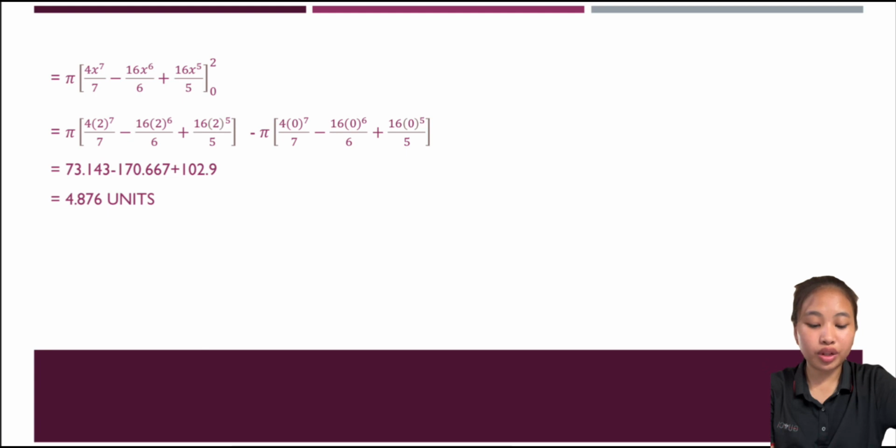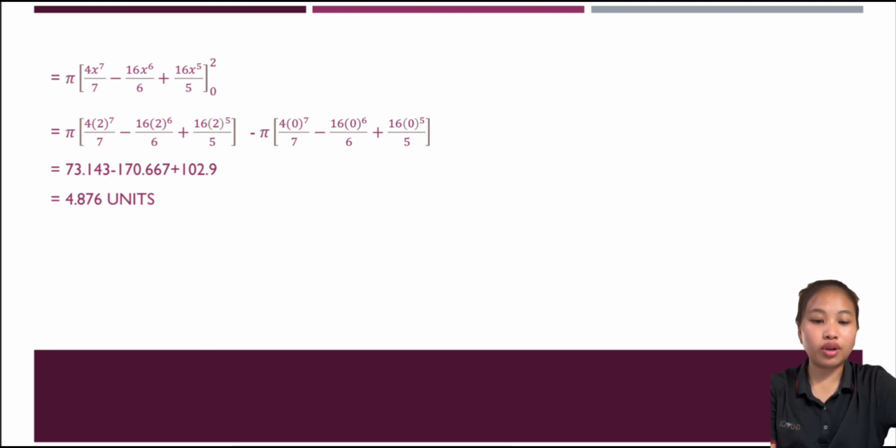After we simplify it, we got pi times 4x to the power of 7 over 7 minus 16x to the power of 6 over 6 plus 16x to the power of 5 over 5.